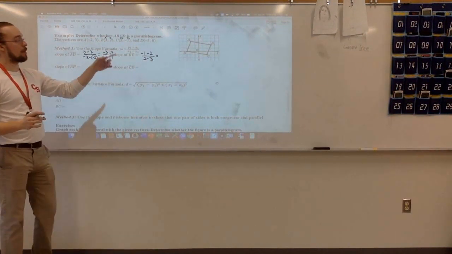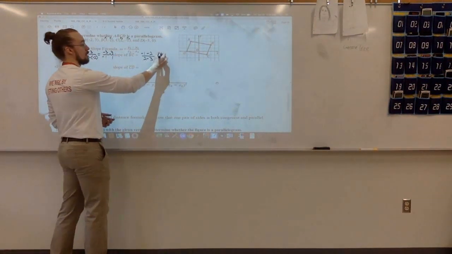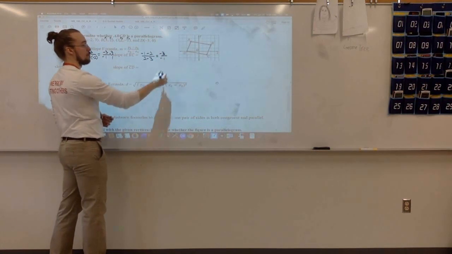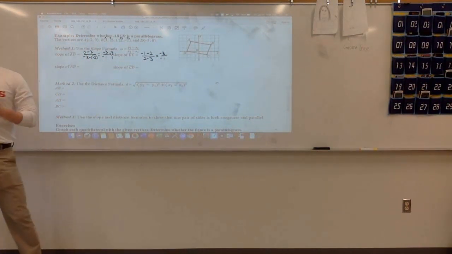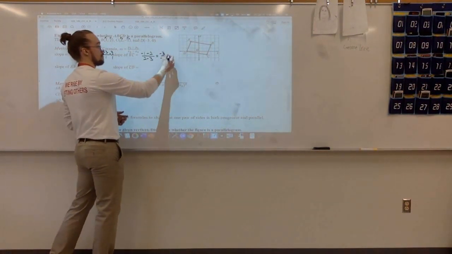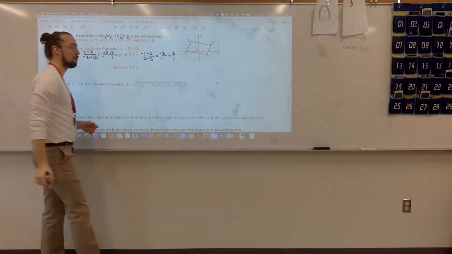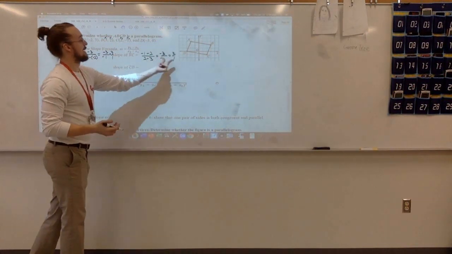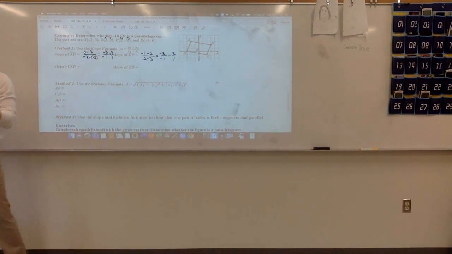So negative 1 minus 2 is negative 3 over 2 minus 3 is negative 1. Negative over a negative is a positive, so we get a slope of 3 over 1. AD and BC have the same slope, so that first pair of opposite sides is parallel.